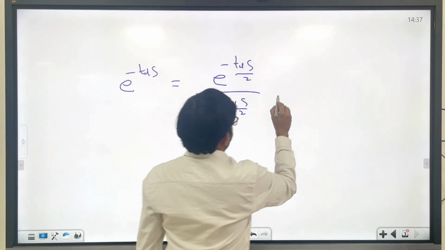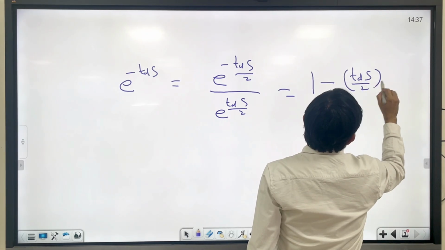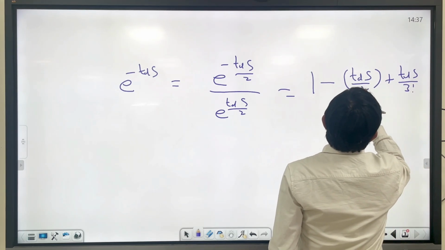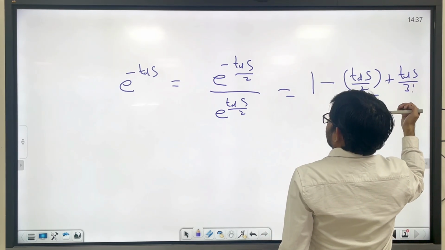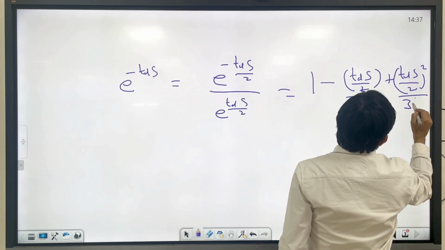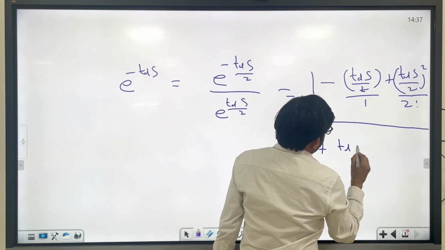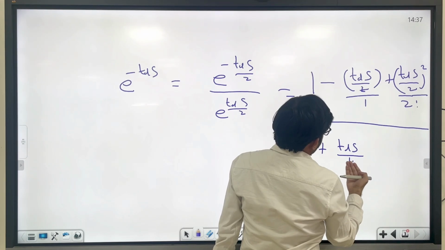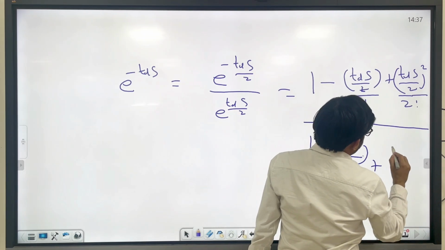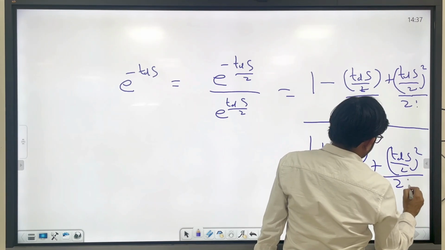If you expand this part, you will have 1 minus Td s by 2 plus Td s by 2 whole square divided by factorial 2, and in the denominator 1 plus Td s by 2 over factorial 1 plus Td s by 2 whole square divided by factorial 2.